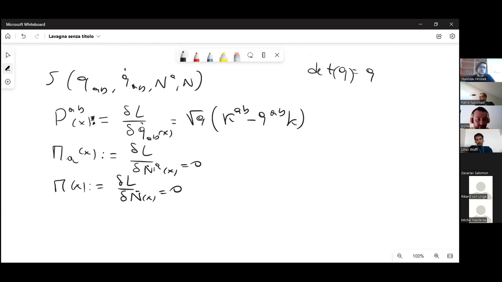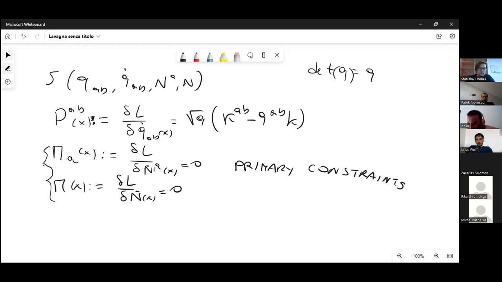Now, first of all, these two, which are 0 in this way, are called primary constraints. Okay, these primary constraints, at least, are the momenta conjugate to some coordinate variables, which vanish.